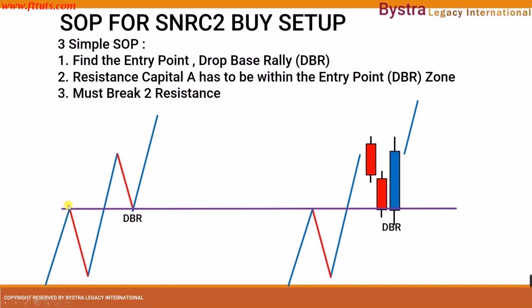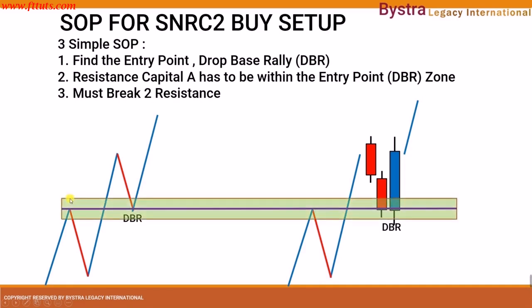Very good, guys. So next, what should we do? We mark the zone. For this SNRC2, how do we mark the zone? It is a little bit different from the SNRC1. The SNRC1 marks the zone according to the body base of the drop base drop or the rally base rally. For SNRC2, there is no specification of how you want to mark the zone.